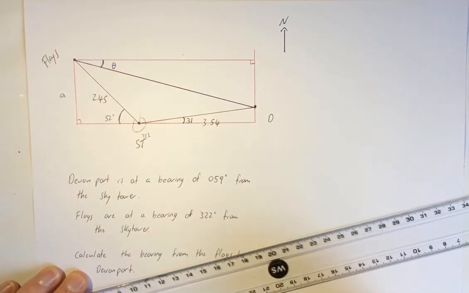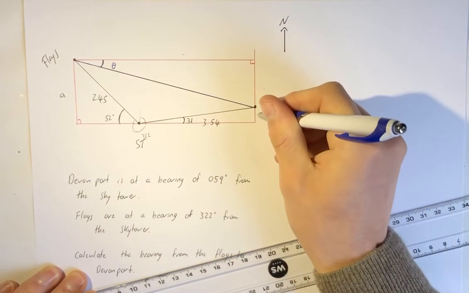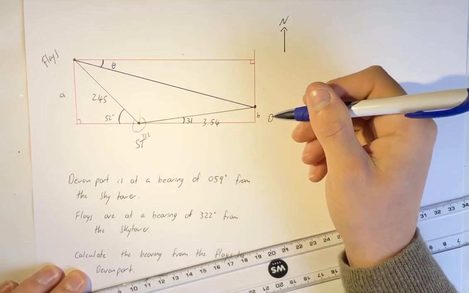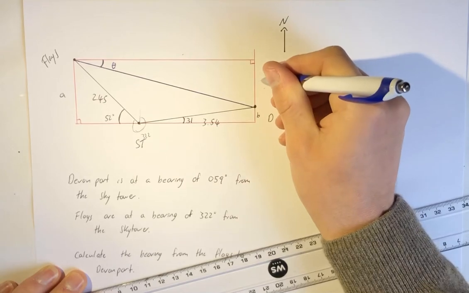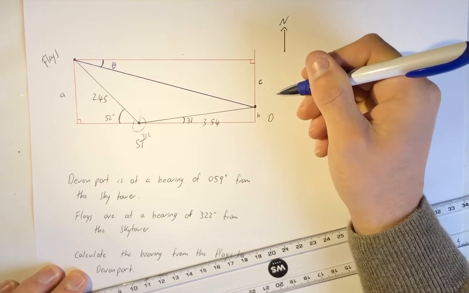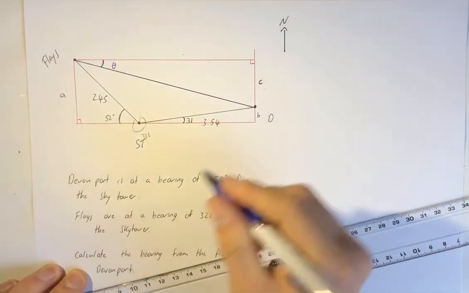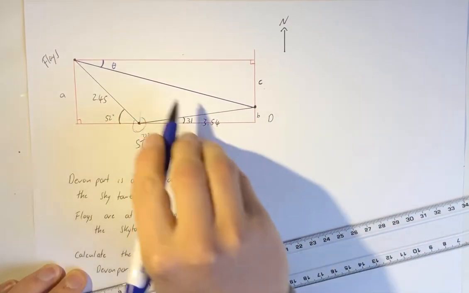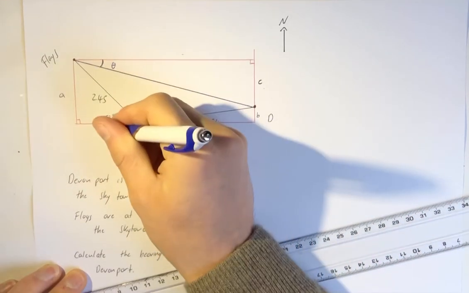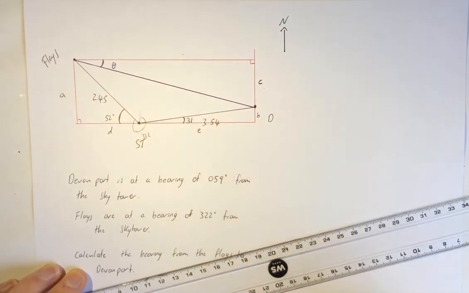I'm going to find this side using trig, and this side using trig, and I can subtract them to have this side C. Then I'll need these two sides, so that I have this entire length. Let's call those D and E.